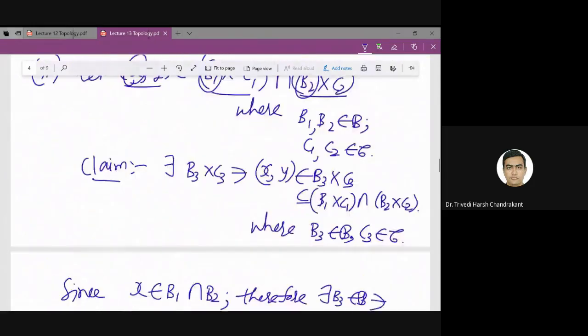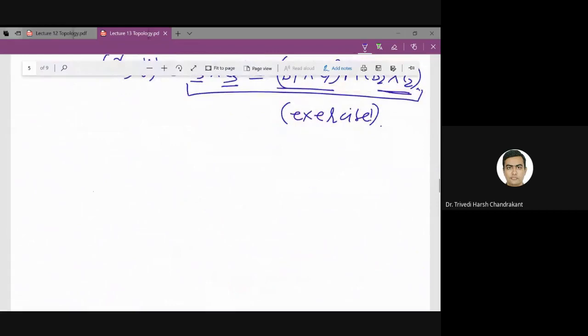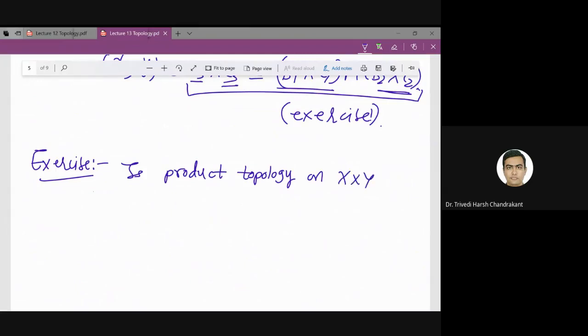So the question is: is the product topology on X cross Y equal to the topology generated by this basis?